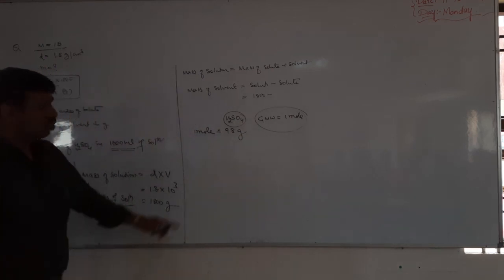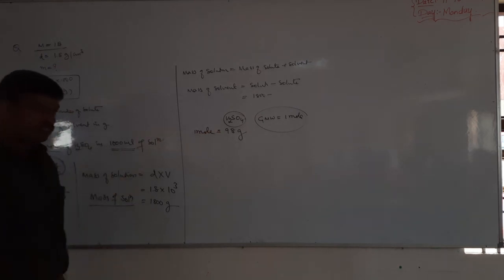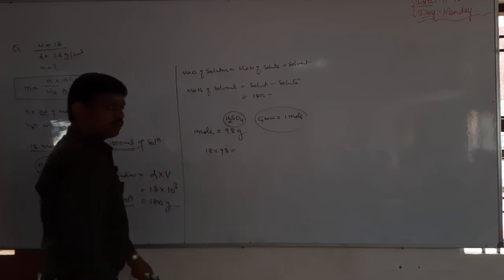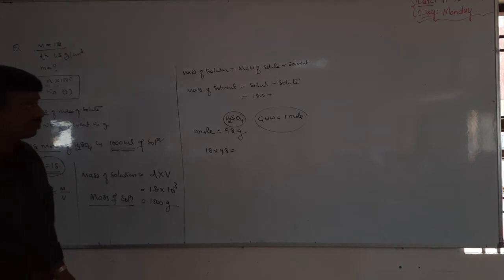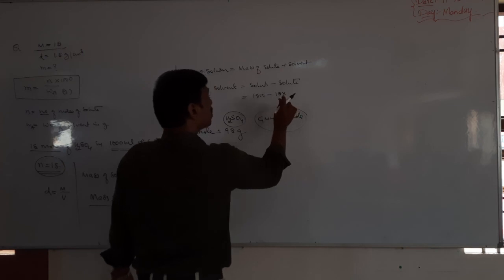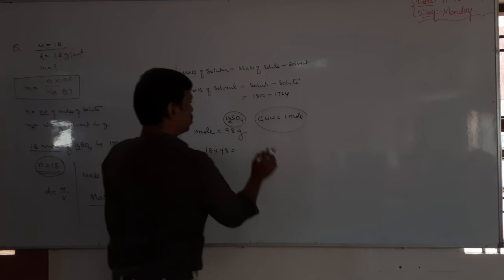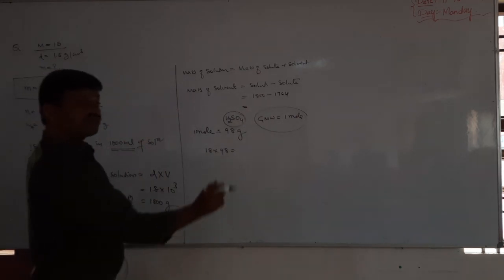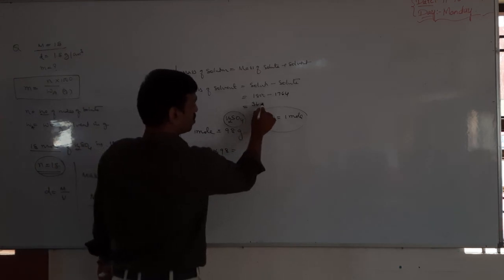So there are 18 moles, therefore 18 into 98 grams. How much is it? 1764 grams. Therefore subtract: 1800 minus 1764, only 36 grams.